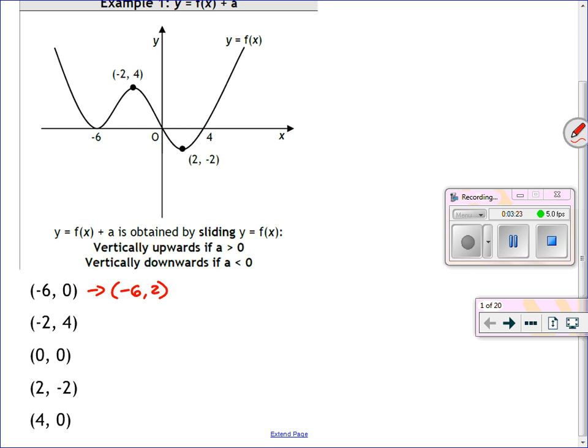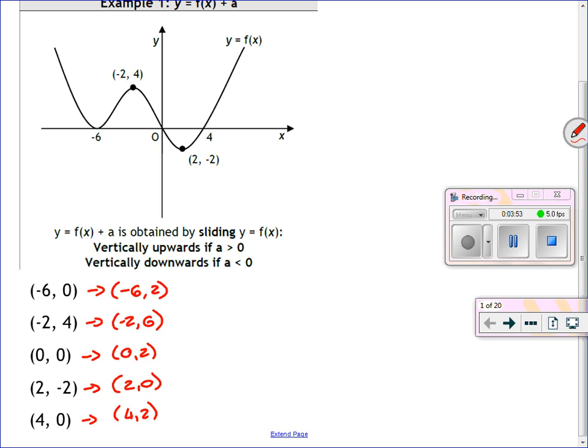Minus 2, 4 is going to move up, and that's going to be minus 2, 6. 0, 0 moves up and becomes 0, 2. 2, minus 2 moves up and becomes 2, 0. 4, 0 moves up and becomes 4, 2.